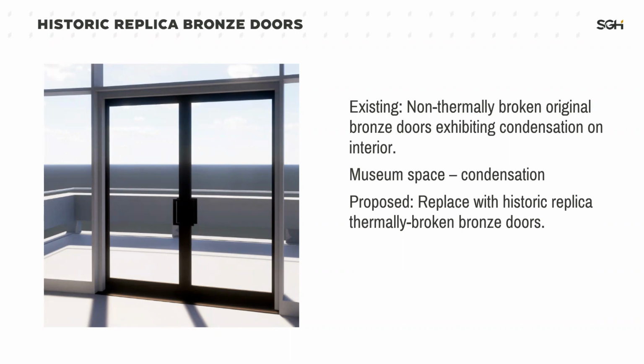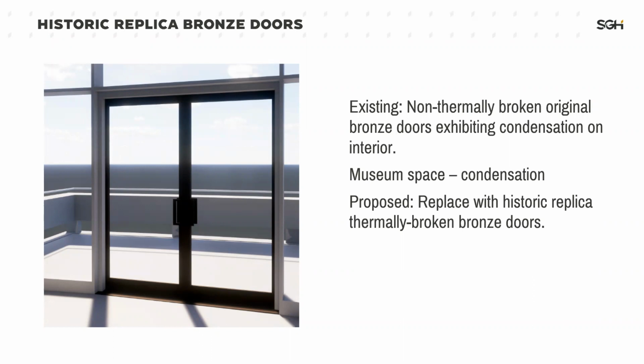This is a museum space and these doors have been exhibiting condensation on the interior. And the reason that those are related is that oftentimes museum spaces are highly conditioned. They're usually more humid than an office or a residential space, usually to keep different artifacts or pieces of art at a specific set point.